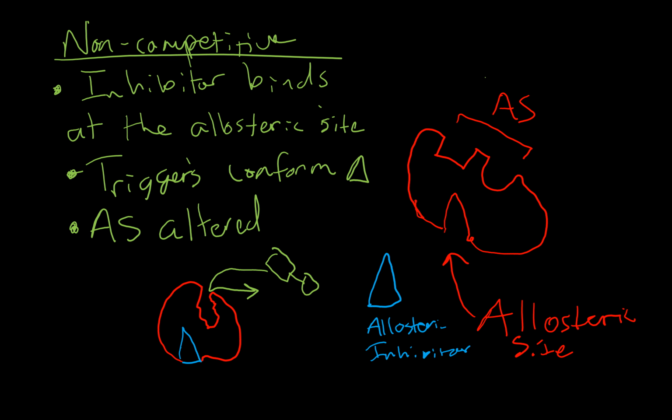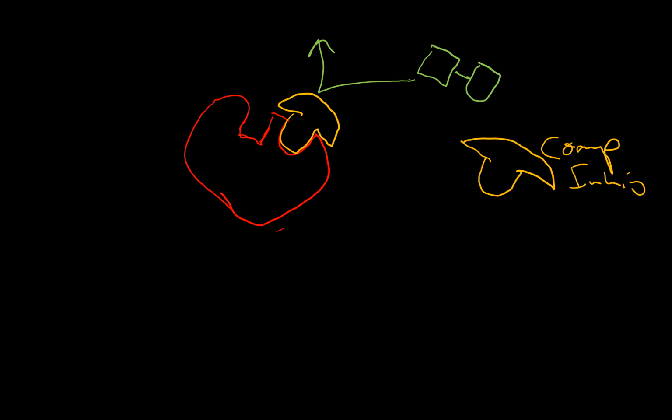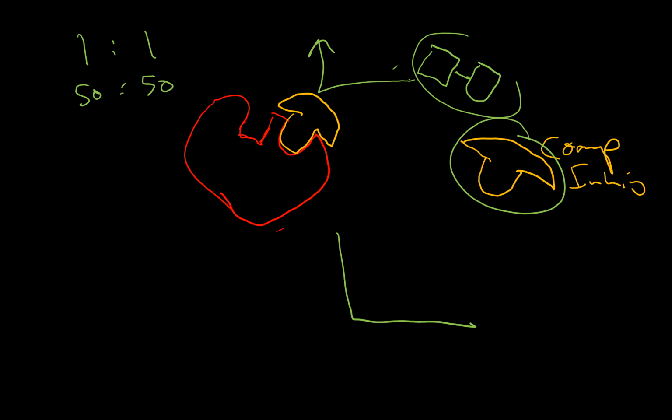In competitive inhibition, because if you have one substrate to one inhibitor, you'd have a 50-50 chance of the substrate versus the inhibitor hitting the active site. And so there's this probability game that goes down.